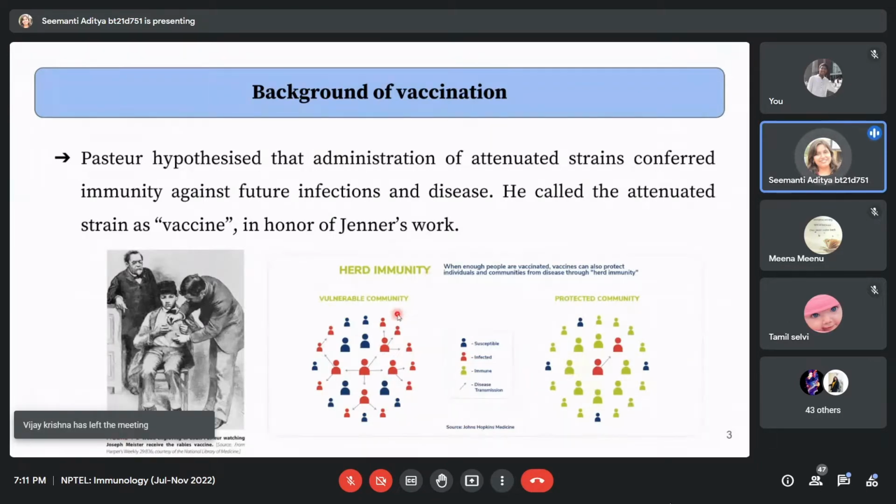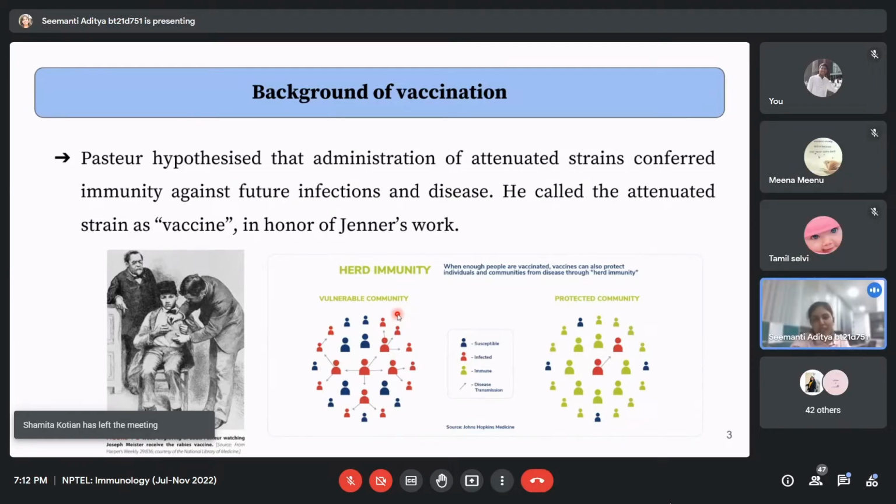This concept was utilized for COVID vaccination, where most of the people were vaccinated within a very short period of time, and that protected the susceptible people from getting the infection from already infected individuals. So this is another very interesting concept for immune responses and immunity.